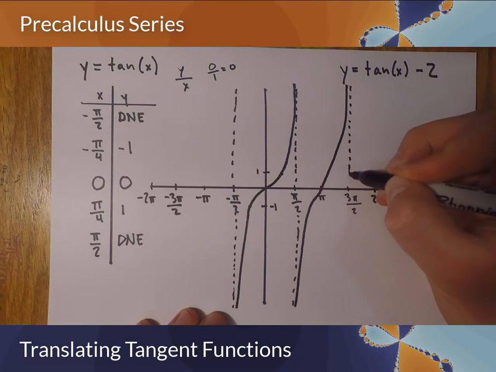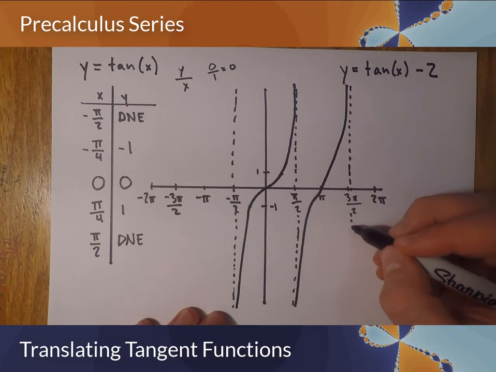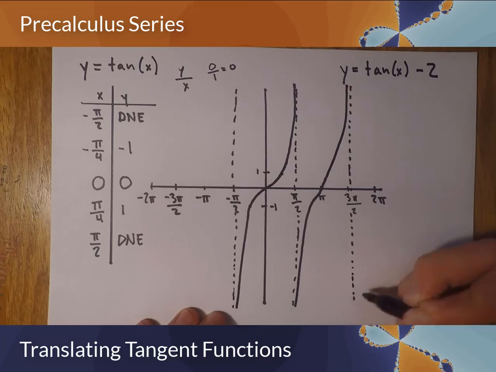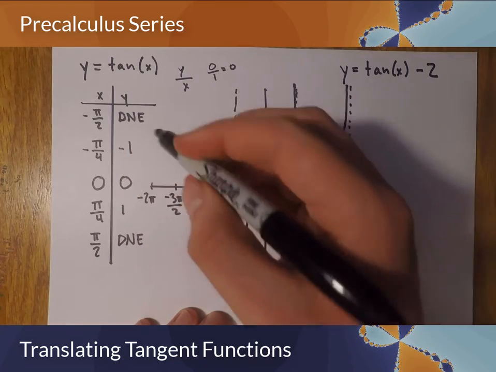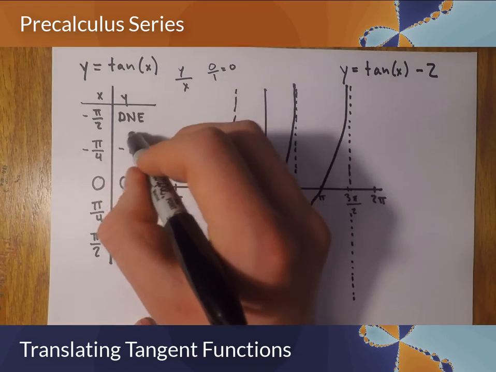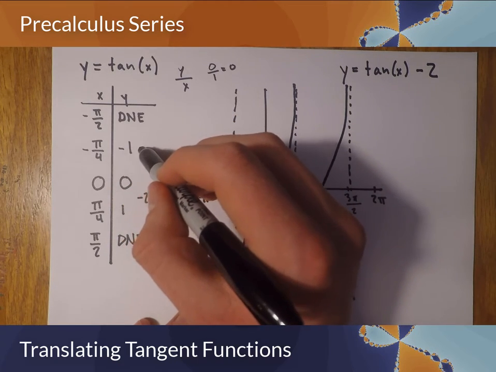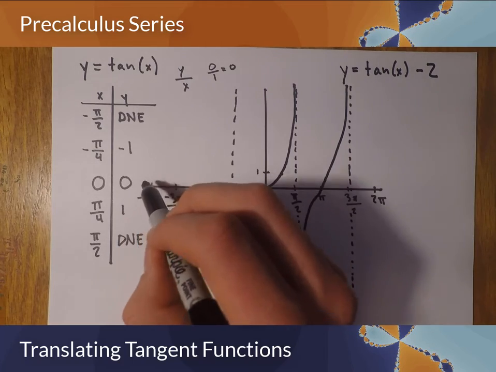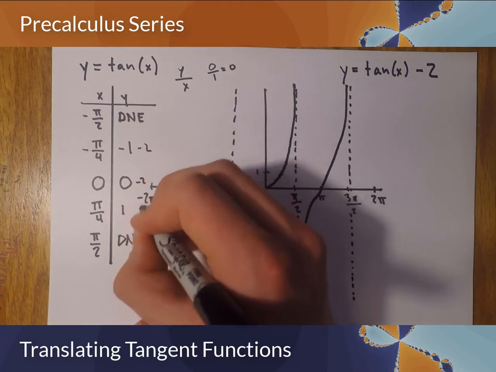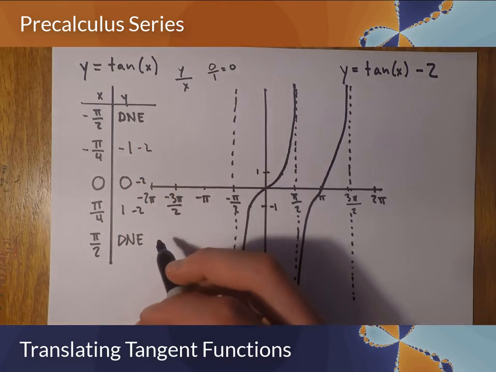Now to get tangent of x minus 2, all you do is simply subtract 2 from each of these values. That does not exist, still does not exist, but this becomes negative 3, this becomes negative 2, then this becomes negative 1 right here.